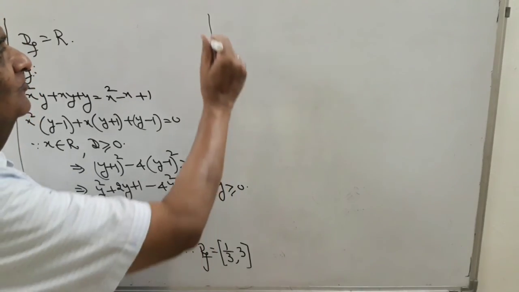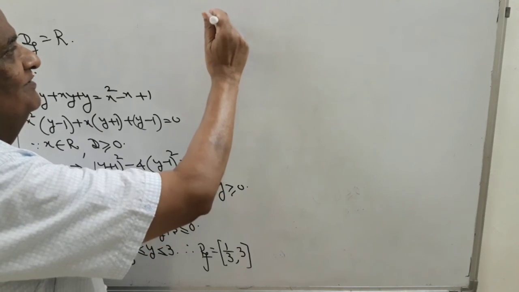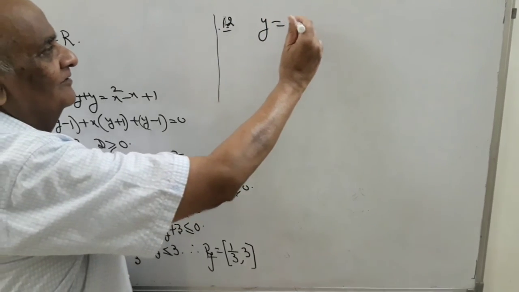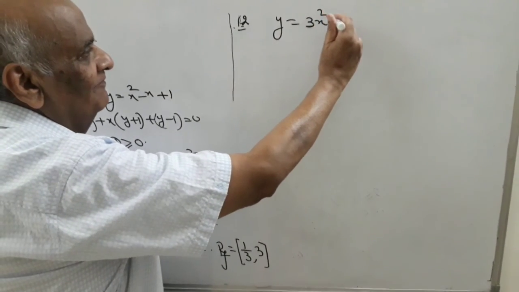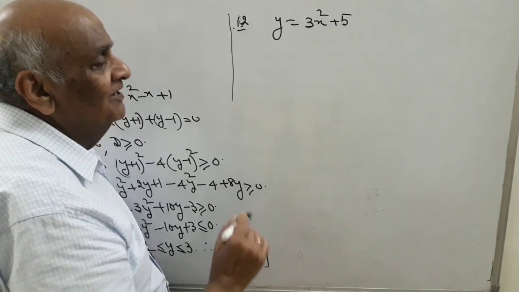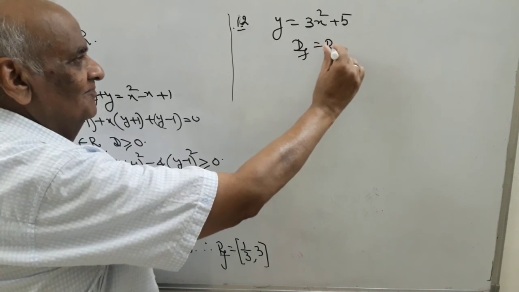Now question number 12, for the domain and range. Y = 3x² + 5. A very simple case, but still I want to make it very clear. The domain of the function is all real.